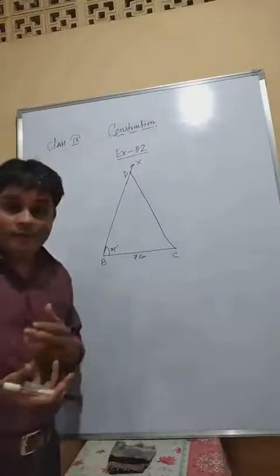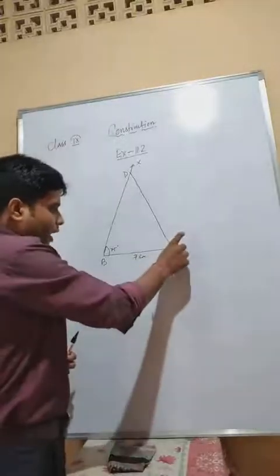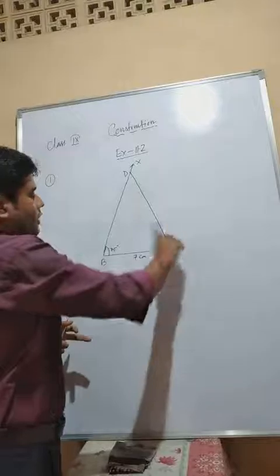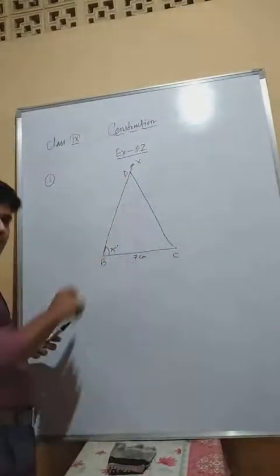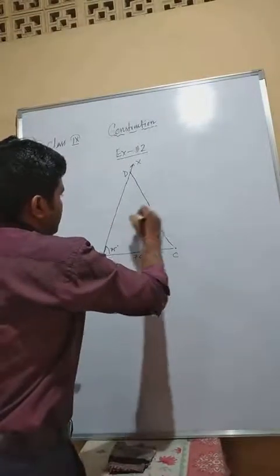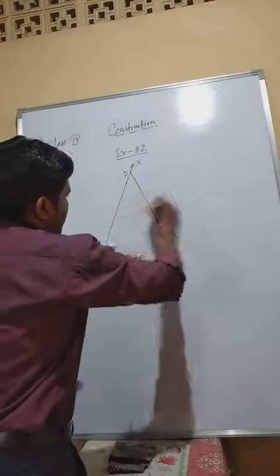So how to draw the perpendicular bisector? By using compass. Put here your compass and take more than half length. Draw this side one arc and that side, with the same measure put here compass, cut this. Like that way you can draw. So if you draw the perpendicular bisector, it will be like this.